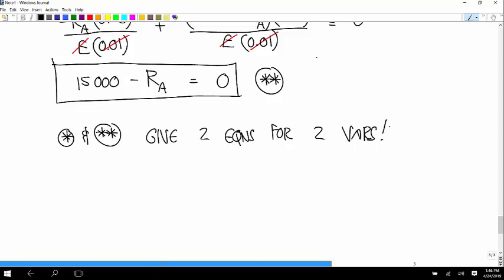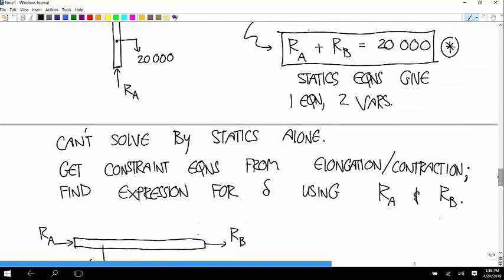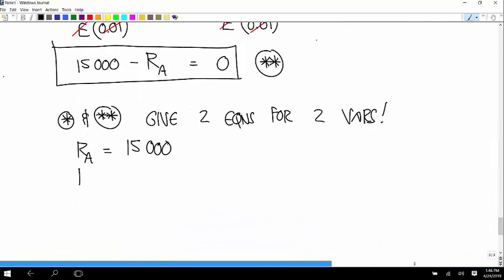So equation 2 star says RA is equal to 15,000. Equation 1 star says the sum of these two is 20,000. So RB is 5,000.